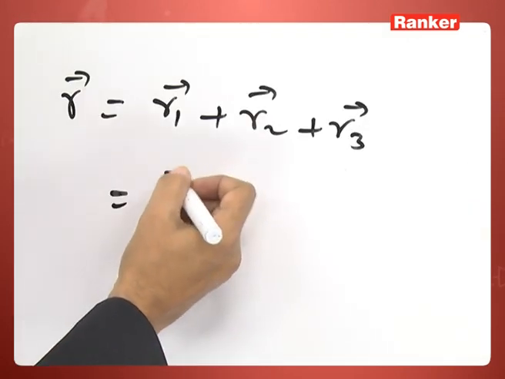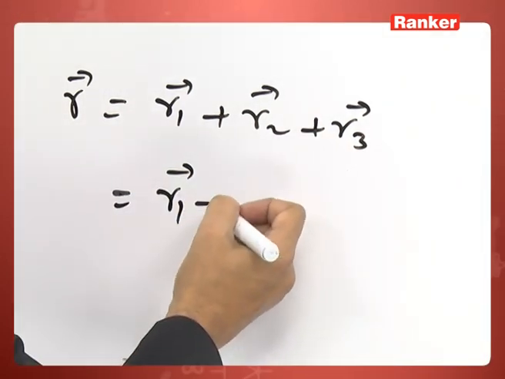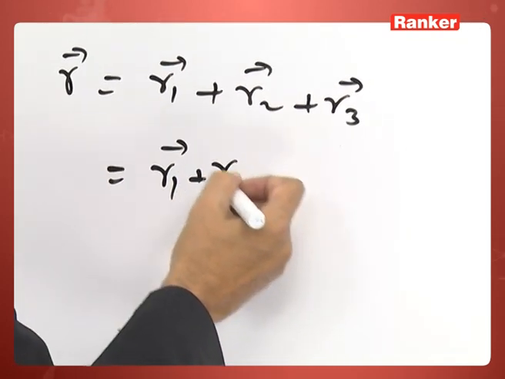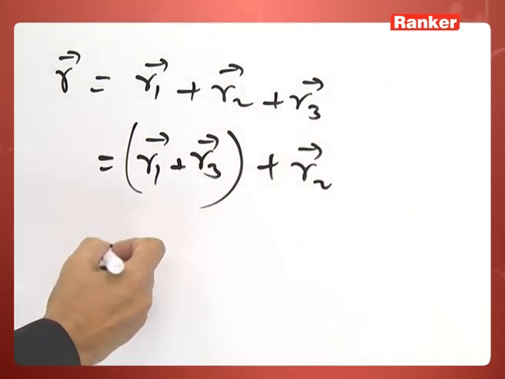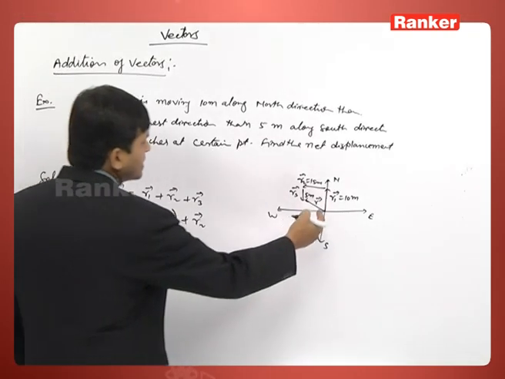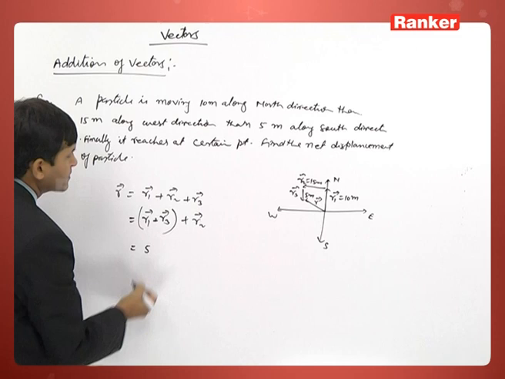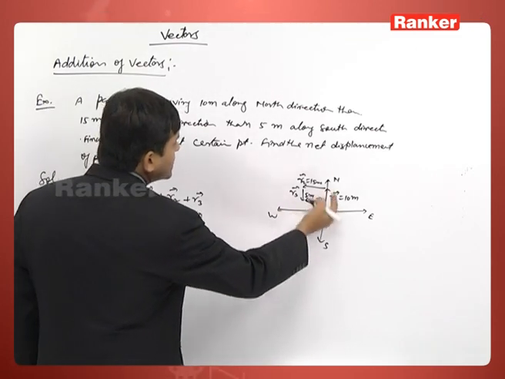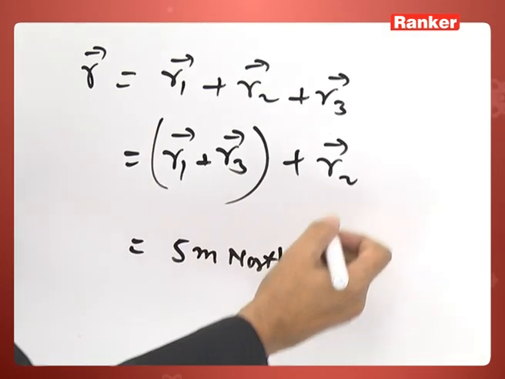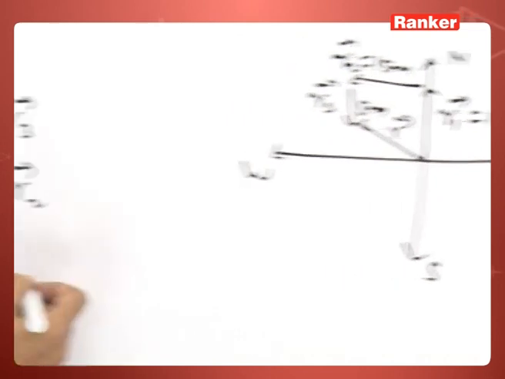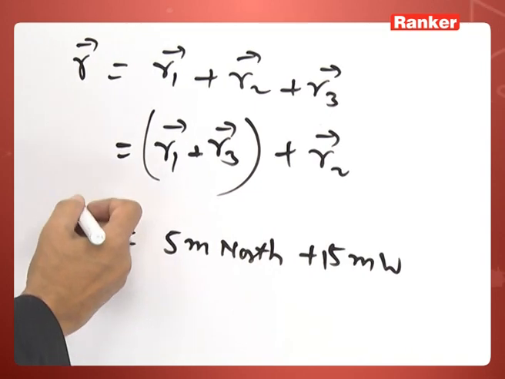If we take R1 and R3 together and R2 separately, R1 plus R3 becomes 5 meter north, plus R2, which is 15 meter west. In fact, this is the actual R.